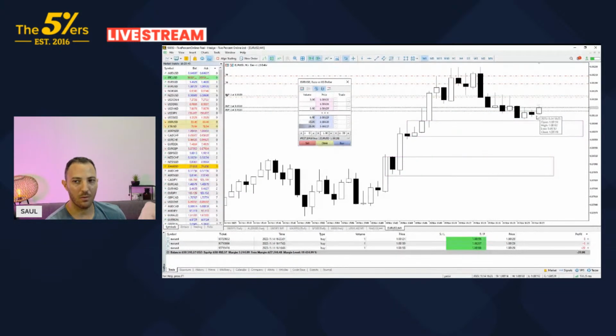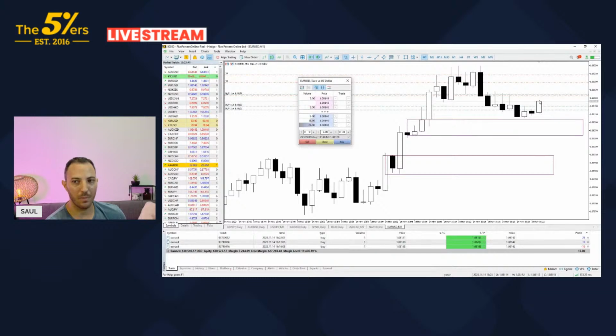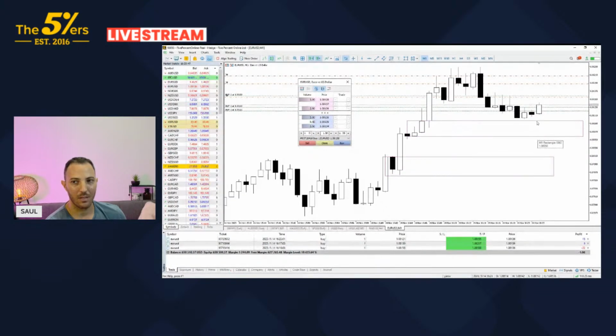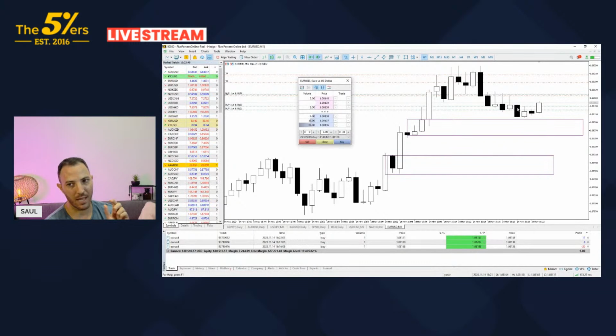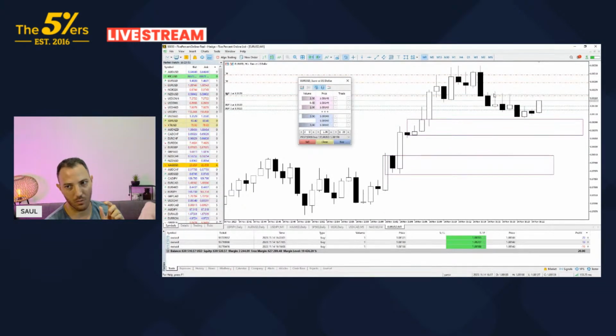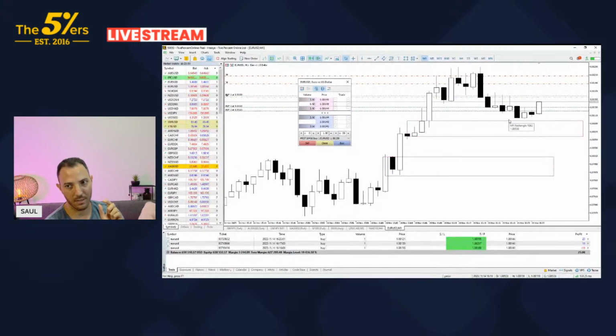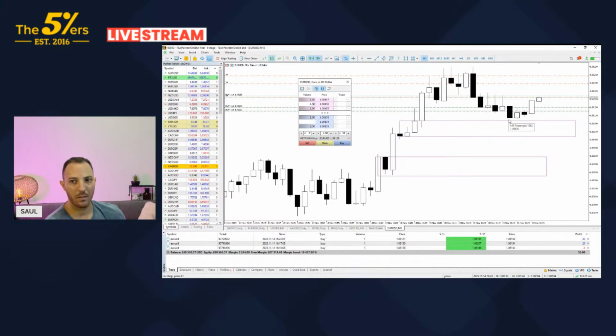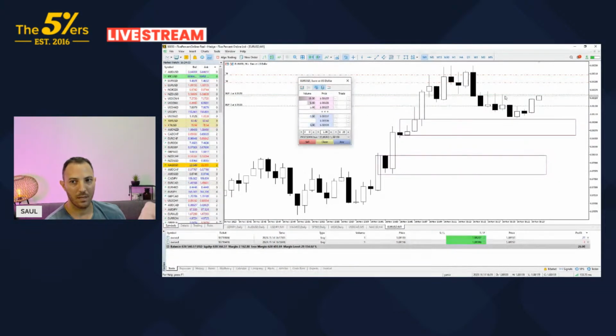Okay, you see how it's trying to go up and then rejects. I pay attention to that. Now it should go and test the 1, 2, 3, 4 resistance. So let's see. Now let's see if we can break that resistance.